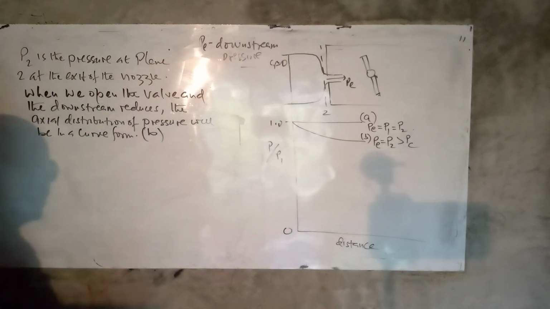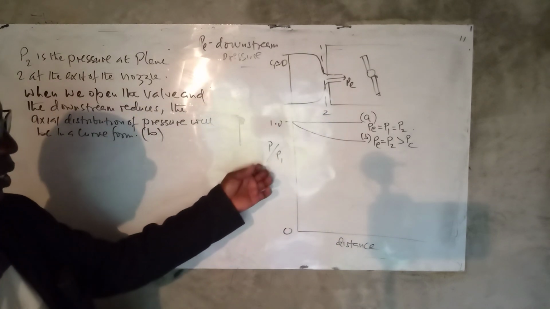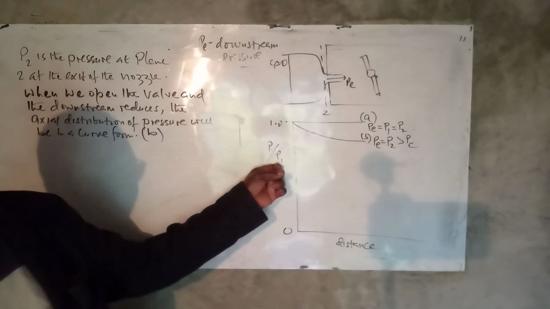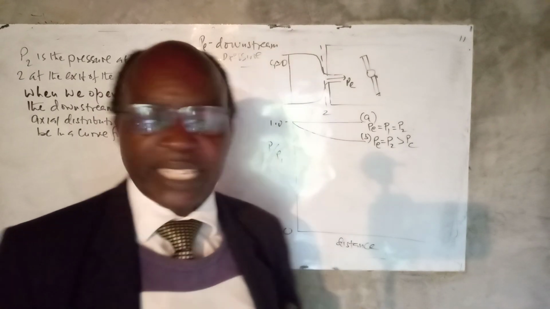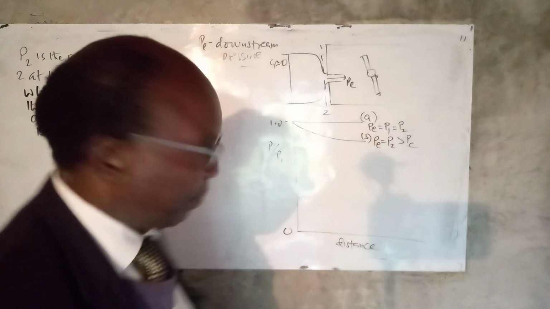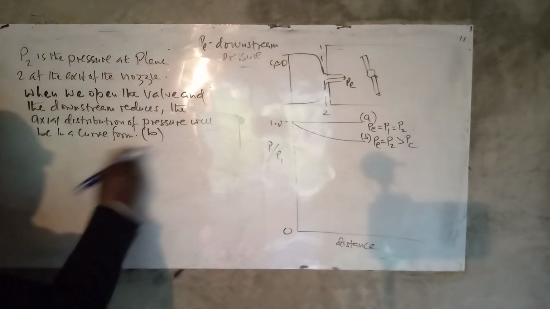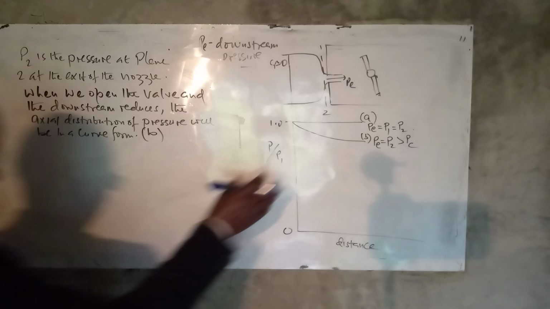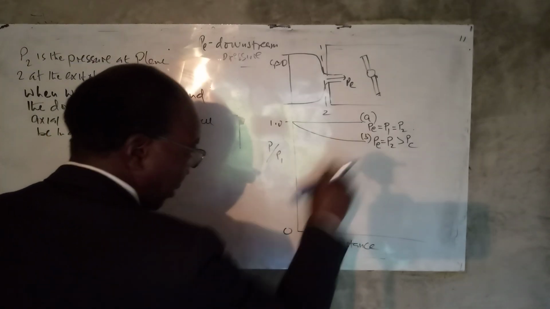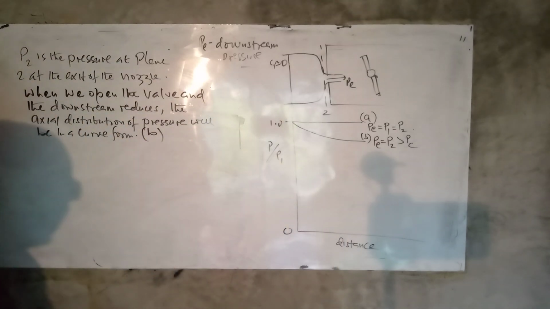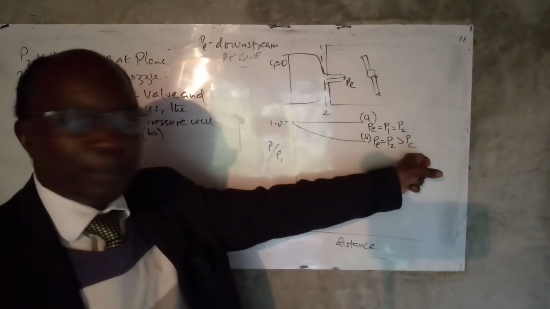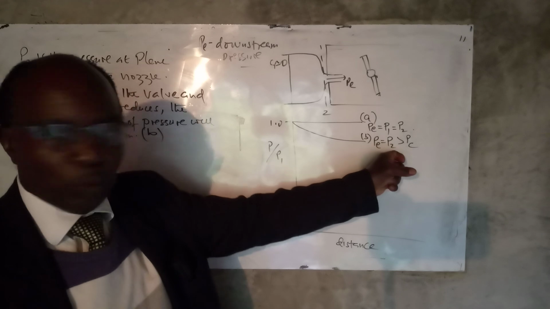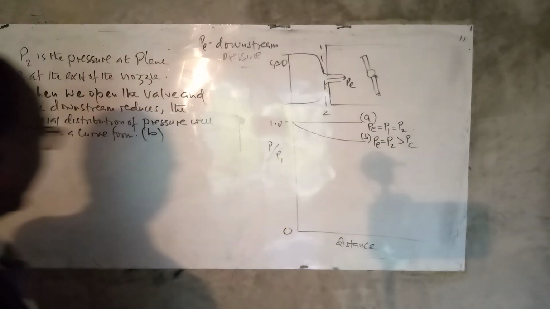So what we are saying is that at this particular point, PE over P1 is greater than PC over P1. And so we will have that curve form at that particular point. Now, but when PE is equal to the critical pressure and is equal to P2, we will have that state.